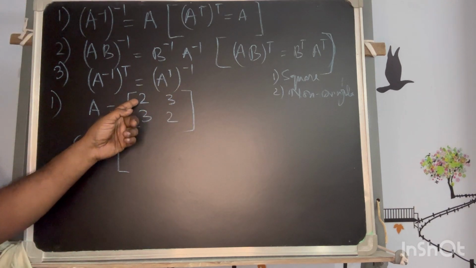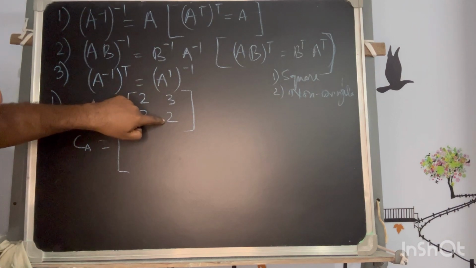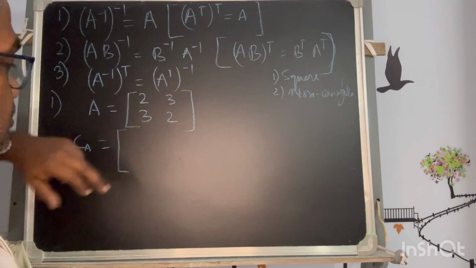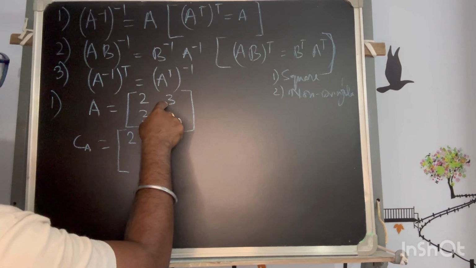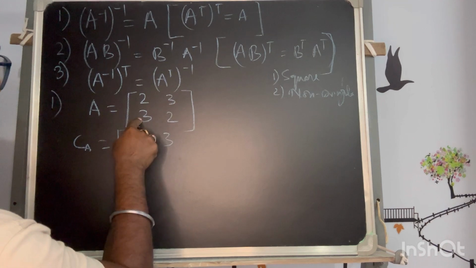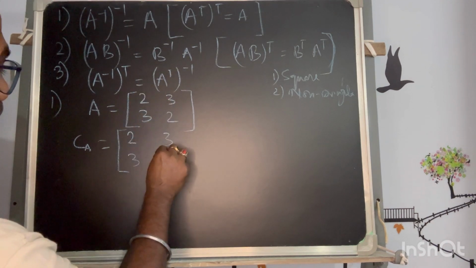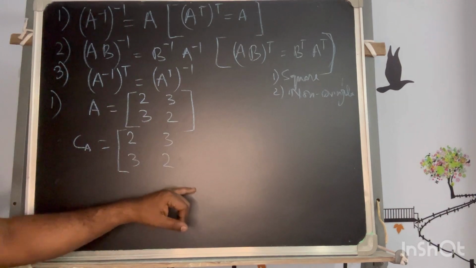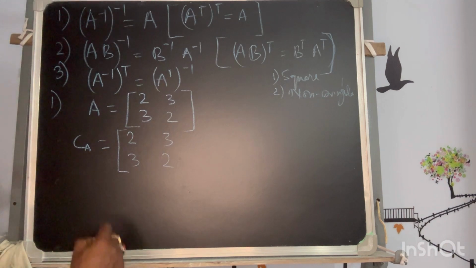The cofactor of element 2 is 2 only, because there is no other minor available. For 3 it will be 3, for this 3 it will be 3 here, and for this 2 it will be 2 here. So only the position has changed, but you have to find the value.